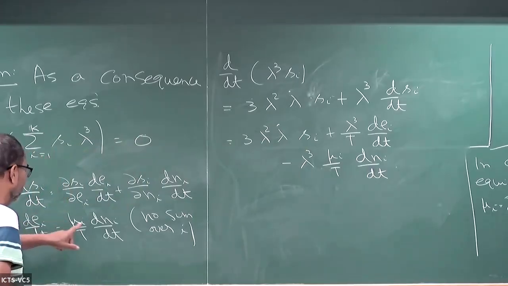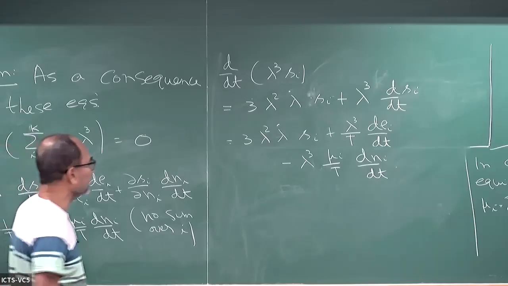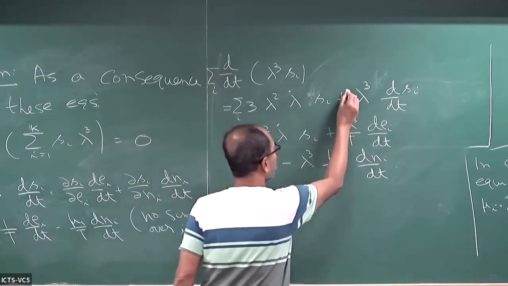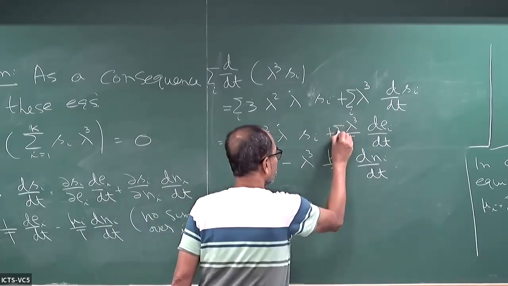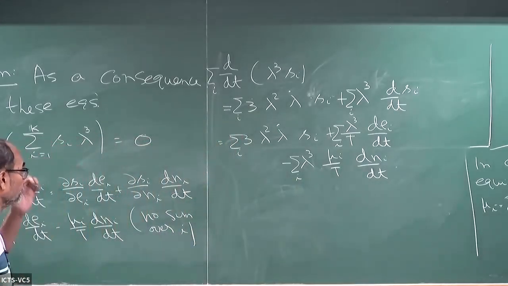Here there is no sum over I yet; I am just applying this on the ith species. dSi dt is given by the sum of these. Si is a function of rho I and Ni, that's all I have used. Is that clear? Now I'm going to put a sum.